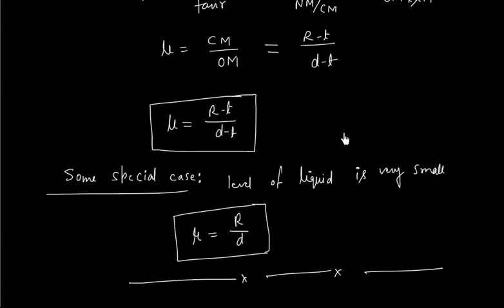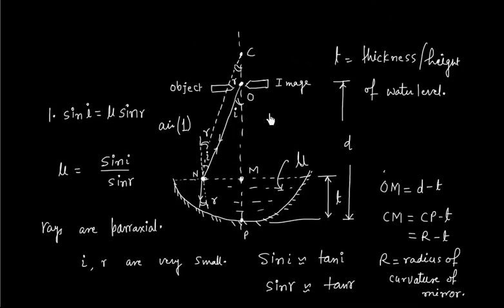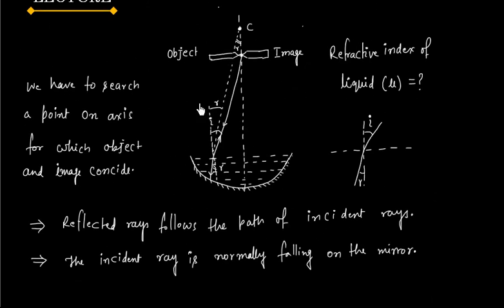The only important point is that my experiment should be such that object and image coincide. We have to search for this point, so we have to translate this object along this axis till we have object and image coinciding.